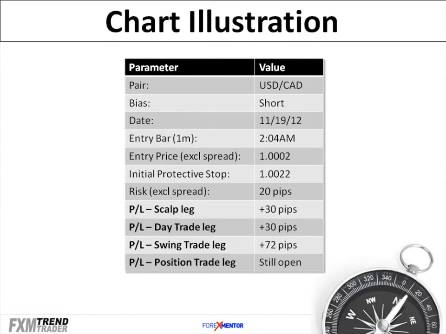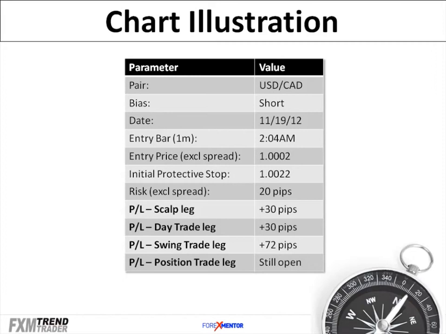When it finds 30 pips profit, it will close the scalp portion of the 4-lot trade and simultaneously trail the stops on the 3 open legs to break even. Unless it's a situation like we see here, where just coincidentally the day trade target, this is strictly strange coincidence, happened to line up exactly the same as a scalp leg. It's not a typo. There were 30 pips in both instances.